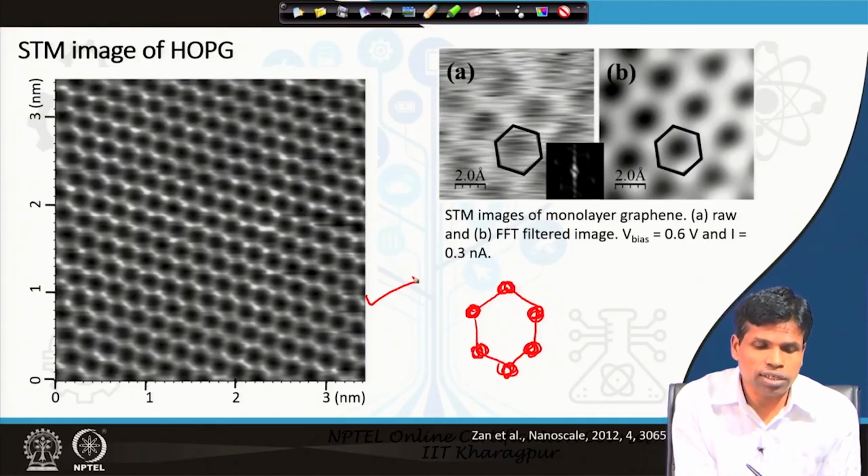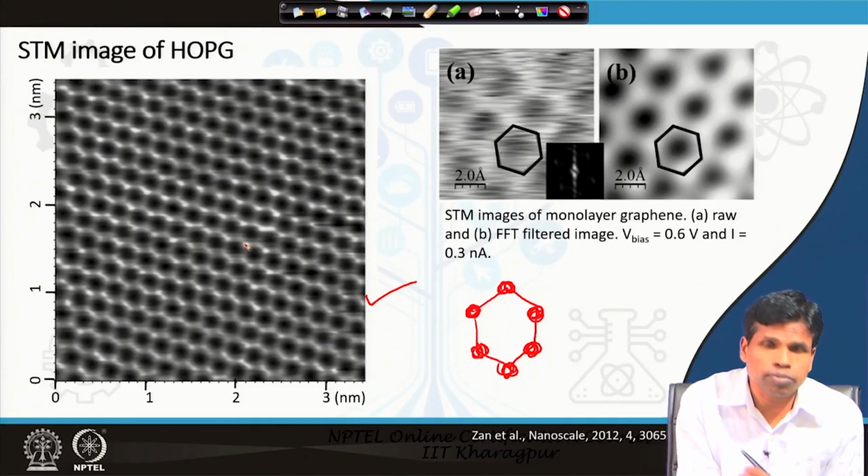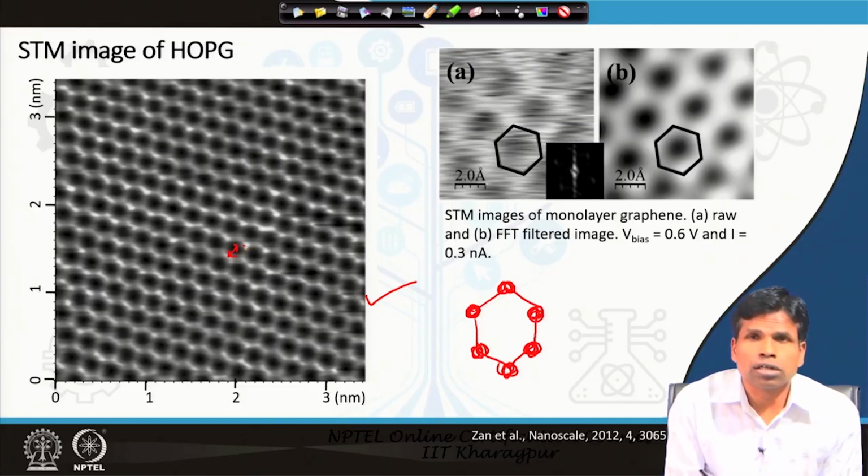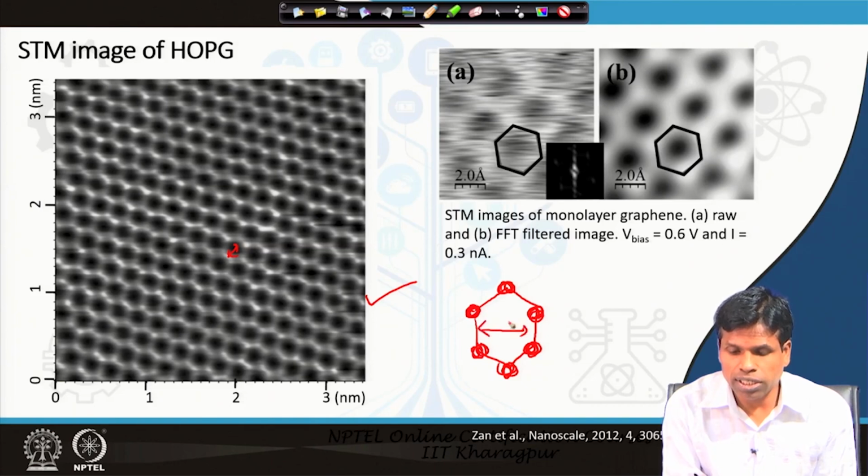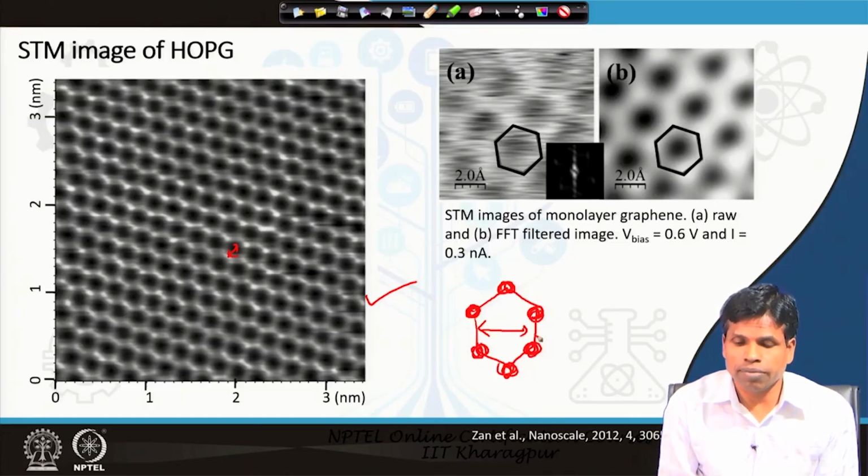And as you see now, you can actually measure the distance between carbon atoms and the hexagon diameter, or all kinds of measurements at the atomic level you can do.